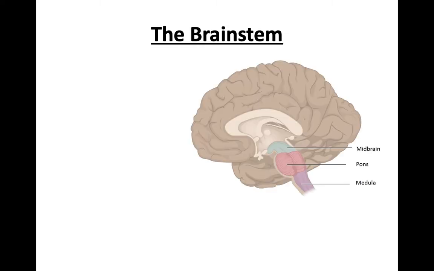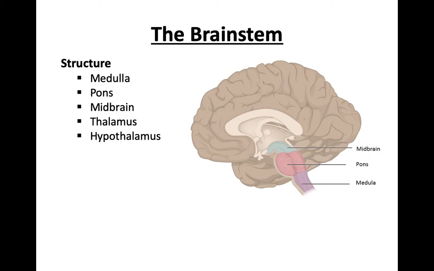Okay. So I want to give a little bit more information about the brainstem. Okay, so again, this is the oldest part of our brain, this reptilian brain, and collectively, the brainstem refers to several different structures. There's the medulla, the pons, the midbrain, the thalamus, and the hypothalamus.